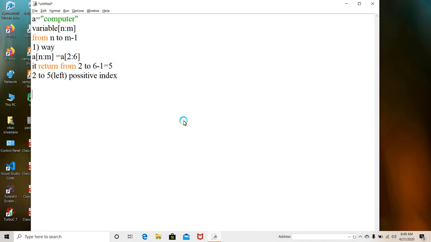Now if we write another way like that, it returns from 2 onwards all values. So here it returns all the values from 2 to last. Clear?